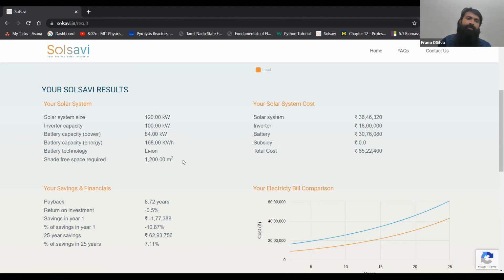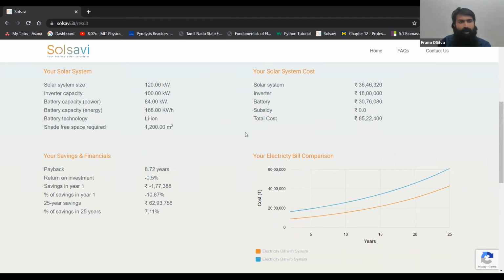The assumption taken for the area is that 1 kilowatt of solar system would require 10 square meters of shadow-free area to be installed. These solar system costs are given on the right of the page, where we have the total investment cost of the system.